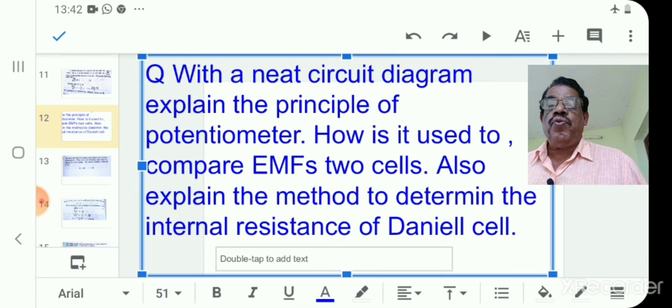How is it used to compare EMFs of 2 cells? That is the first part of the question. Also explain the method to determine the internal resistance of Daniell cell.